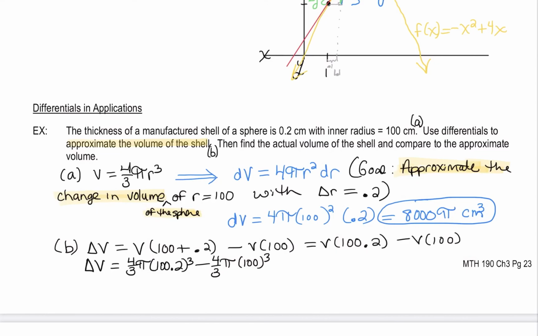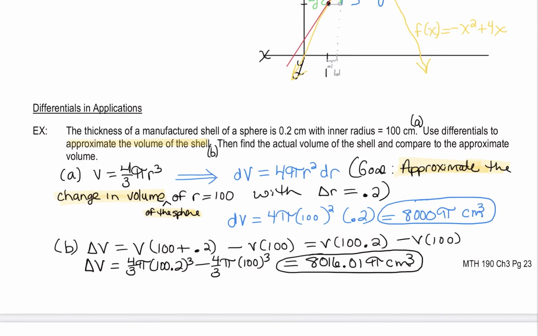You could factor out a 4/3 pi, but I've already subbed this into my calculator. So this ends up being 8,016.01 pi, in cubic centimeters. Okay, so this would be our actual change in volume.